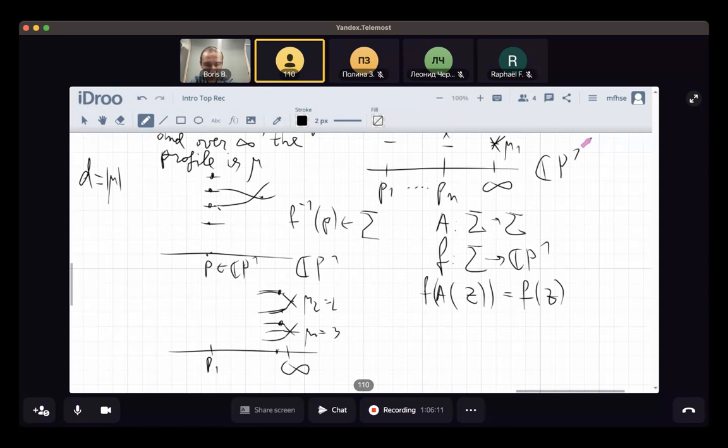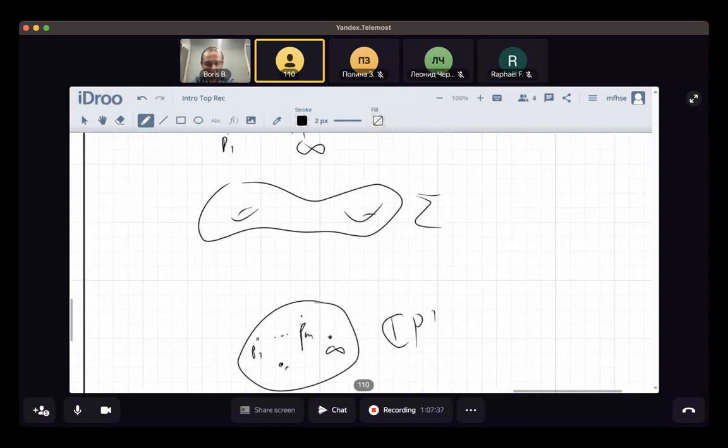We have points P1 and so on, Pm, right? And we take some other point. I don't remember how it was called on the previous lecture, but let's call it Q. Some general point Q, which is not a ramification point.